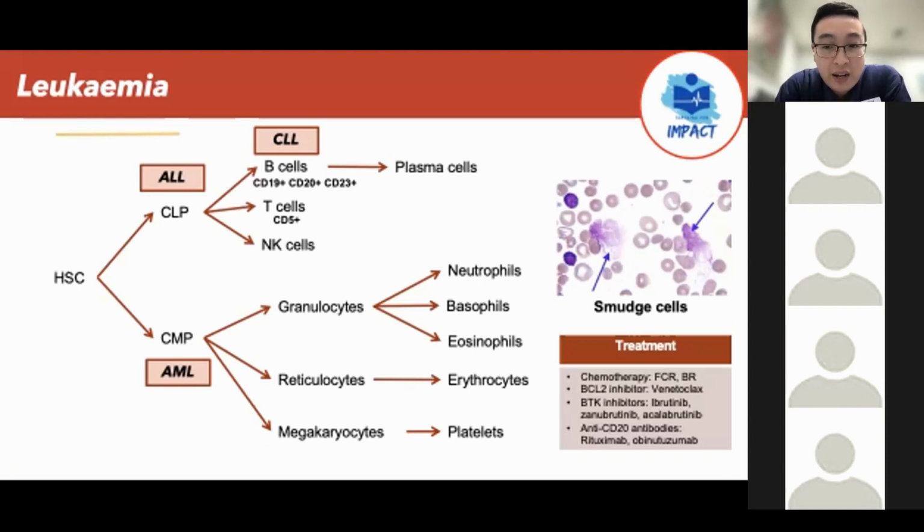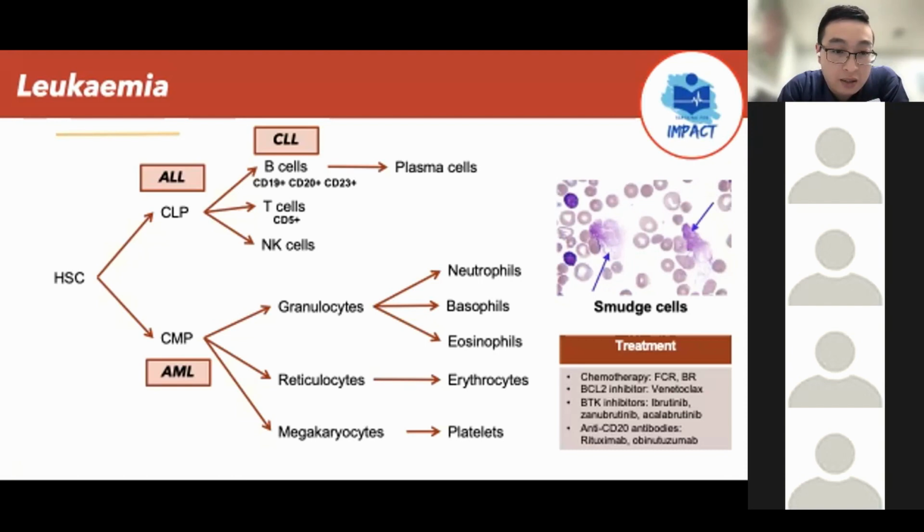So in fit and healthy patients that don't have disease markers that predict for poor response to chemotherapy, and there are several of those markers which I'll talk about a little later, so in young medically fit patients with none of those adverse prognostic markers, we can use FCR.